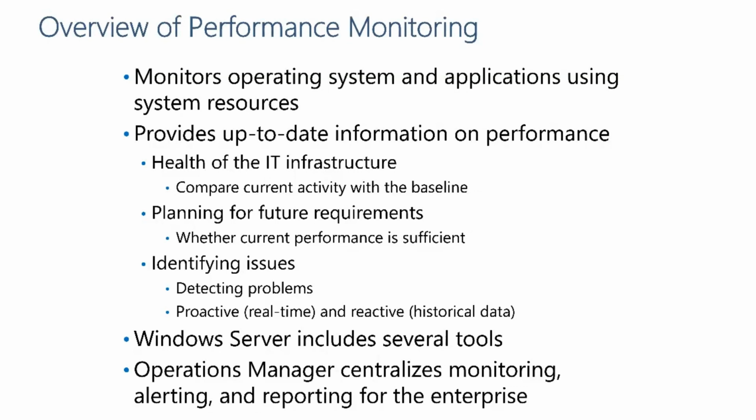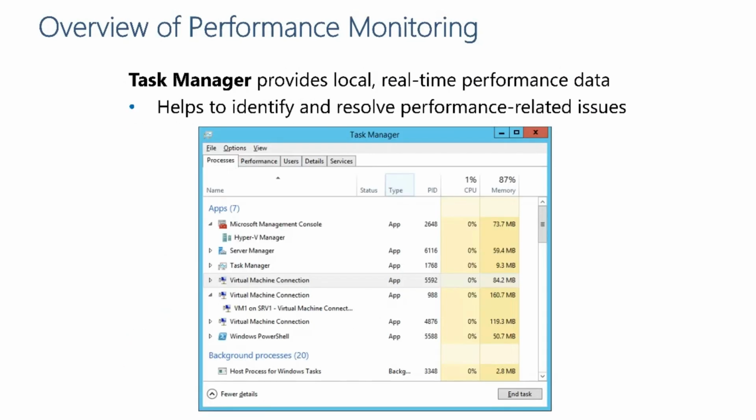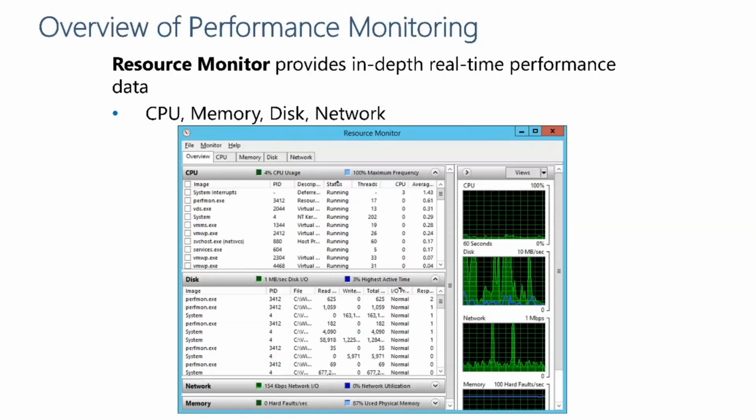Windows servers include several tools: operation managers, centralized monitoring, alerting, and reporting for the enterprise. So here's the task manager. We've seen this before. That's just live information. Talks about the amount of CPU, memory. This is the resource monitor. Again, live information, more detailed about the critical resources like CPU, memory, disk, and network.